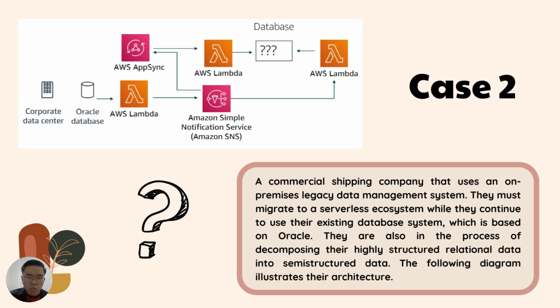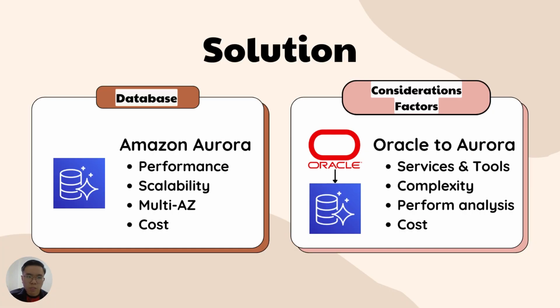So for the relational database on AWS, they have RDS, like I mentioned for the last case study, but for this they have to convert the relational data into semi-structured data. So for the solution, I will apply Amazon Aurora, because Amazon Aurora is one of the databases.